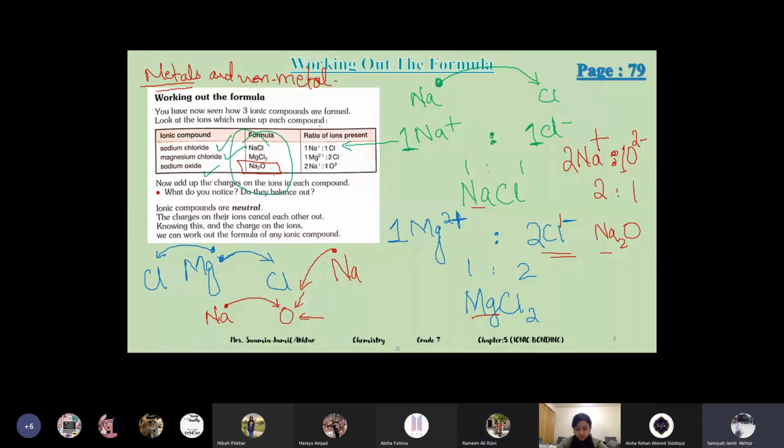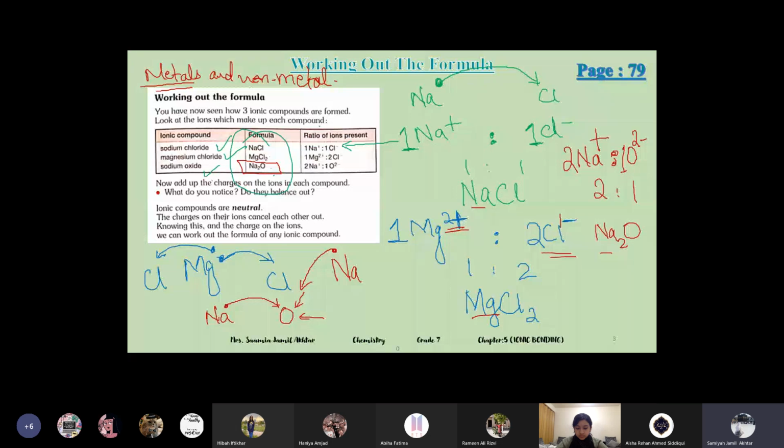Now add up the charges on the ions in each compound. What do you notice? Do they balance out? In sodium chloride you can see that there is 1 plus and 1 minus, so they balance each other out. In magnesium chloride there is 2 plus on magnesium and 2 negative charges, because 2 chloride ions are here, so 2 plus and 2 minus balance out.